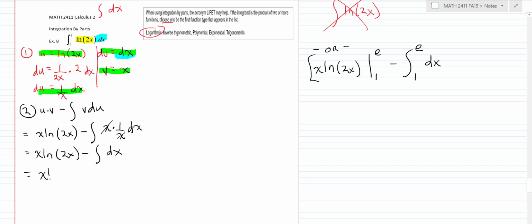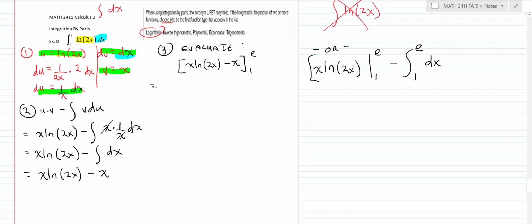Okay, so that's going to give x ln of 2x, and then the integral of dx is x, so we have that. Okay, and then step 3, I'm going to evaluate, and I'm going to show you the two ways that you could go about doing this. They're the same thing anyway. So if we did this way, our antiderivative is x ln of 2x minus x, and then we're going to evaluate that from 1 to e.